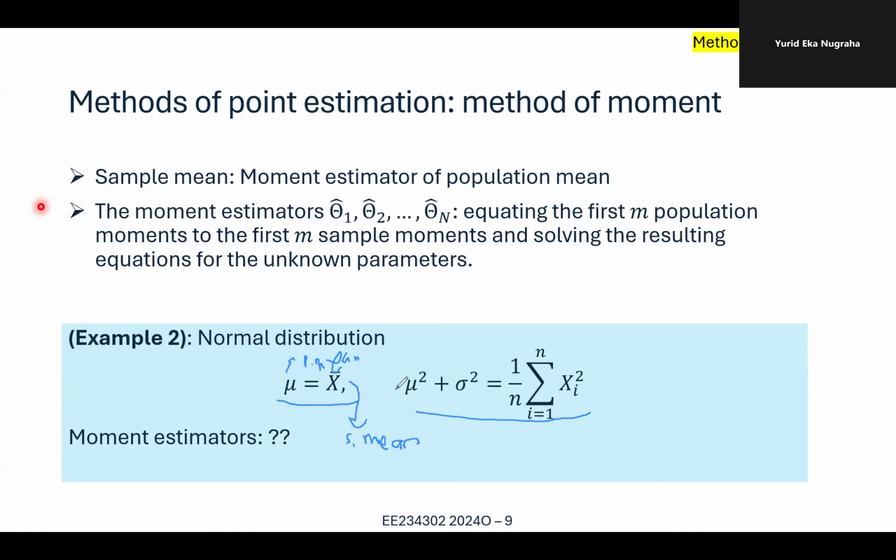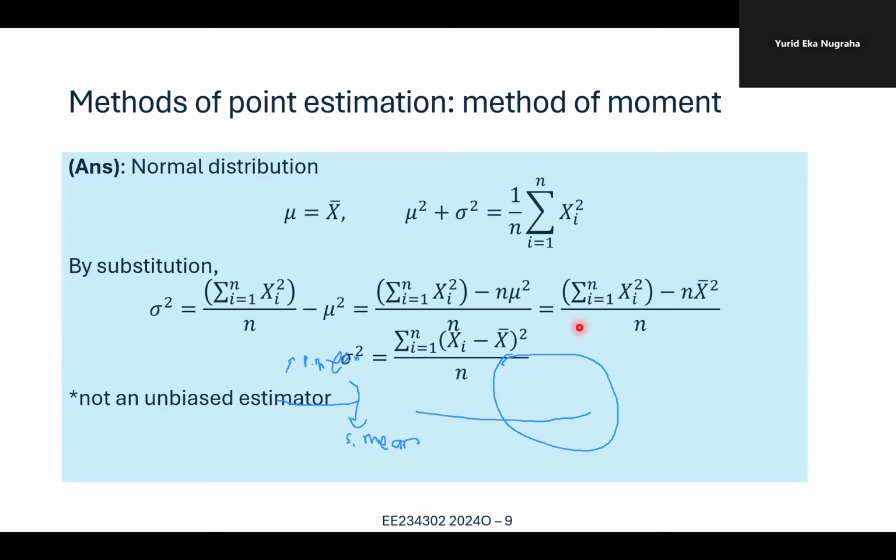The first equation describes the mean, whereas the second describes the relation between the mean and the variance, which can be modeled by the sum of squares of the sample data. We substitute mu equals x bar, and try to make the equation more explicit in terms of sigma square.